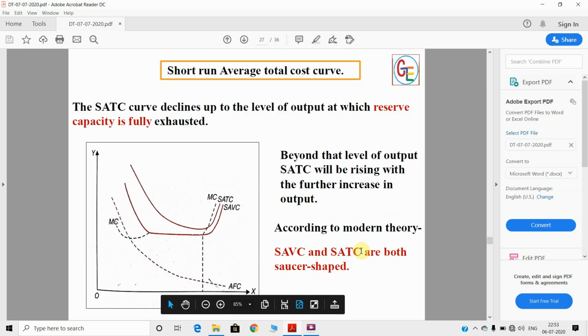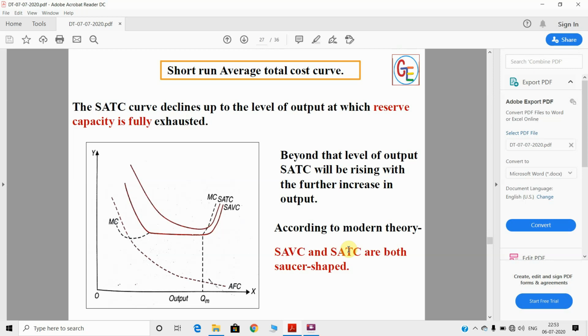Next, the short run average total cost curve. If we can see, the short run average total cost declines up to the level of output at which the reserve capacity is fully exhausted.